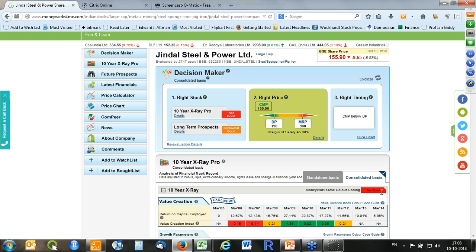On the coal block front, I believe that once the auctions take place, it may increase a bit of its cost, but it would not hurt its long-term operations as such.